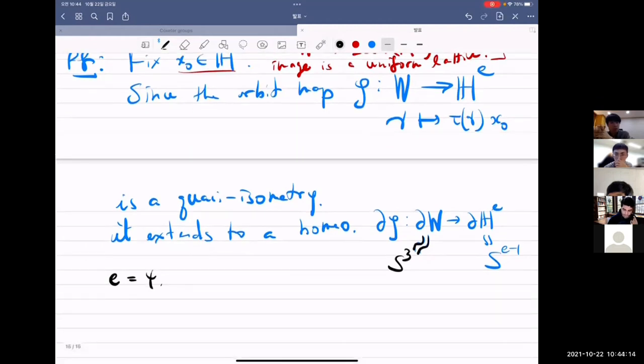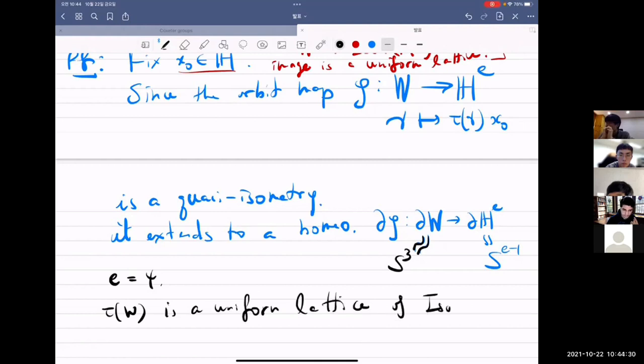Because this τW is a uniform lattice of the isometry group of H4, it satisfies the assumptions for the Davis and Charney-Davis theorems.